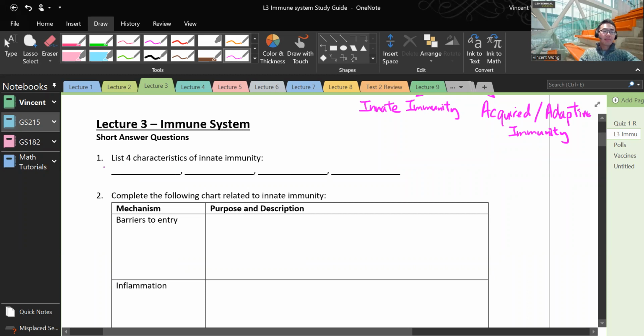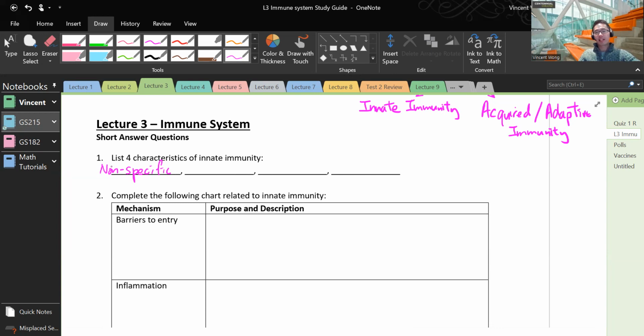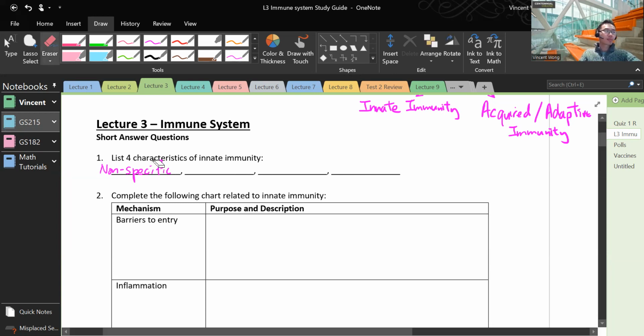So, innate immunity is non-specific. It is not designed to fight a particular type of pathogen. It's more like a non-specific general type of defense that will work against a wide range of pathogens. Okay, they would work immediately.